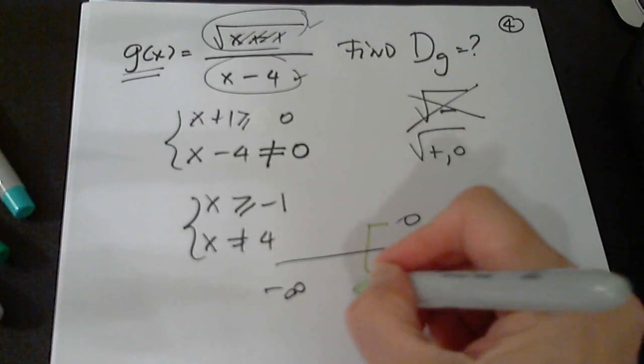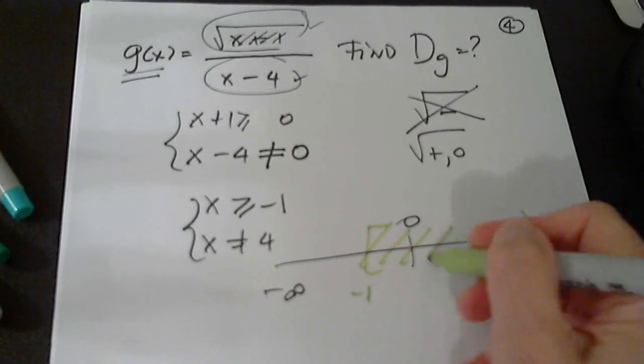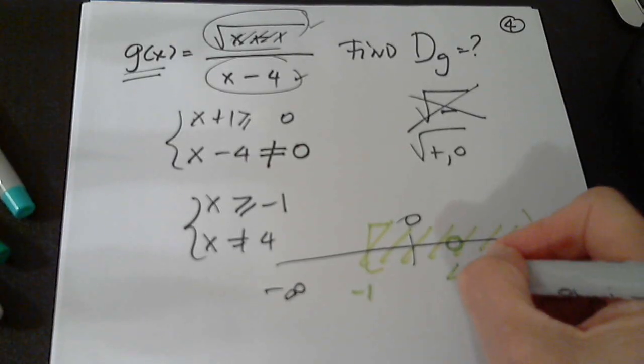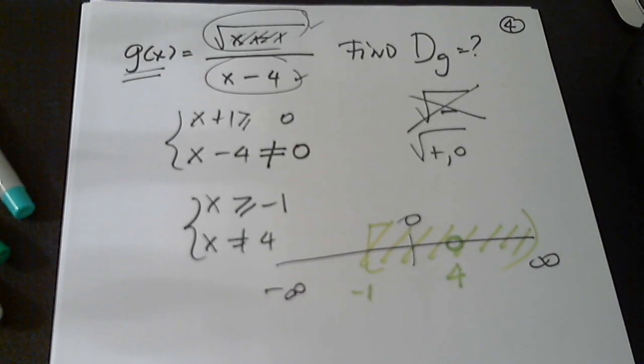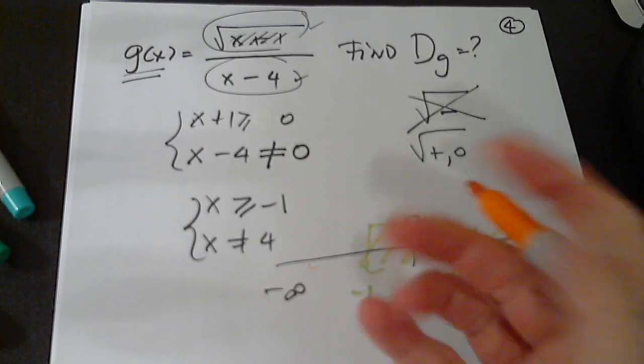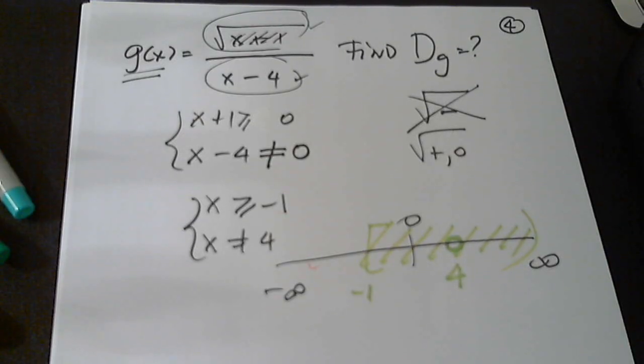From -1 to infinity. But this one says skip 4. If this one had said skip -5, there's no problem. But it says skip 4. So how do I write the domain of function g?